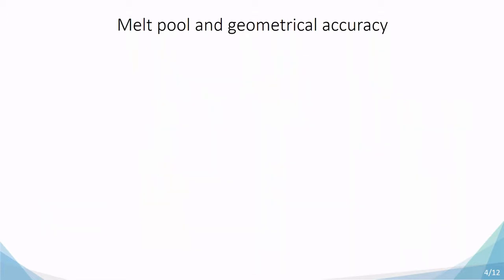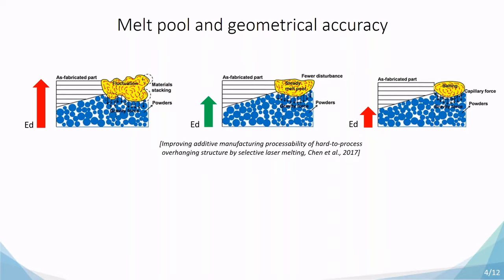Moreover, the downfacing region is subjected to different forces like gravity, capillarity, and turbulent flow, which can further decrease the accuracy of the 3D printing process.